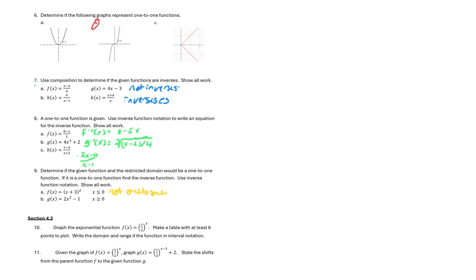So, and then say x is equal to 2 g inverse of x squared minus 1. Okay, x plus 1 is equal to 2 g inverse of x squared. Divide both sides by 2.